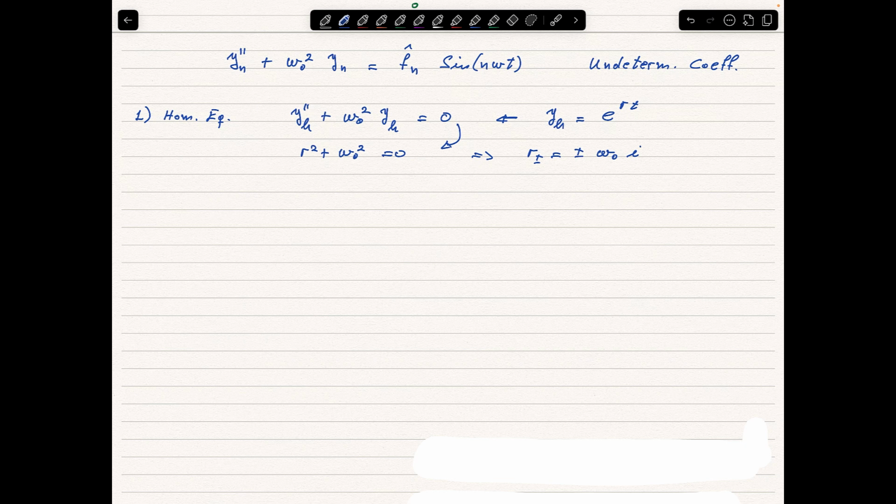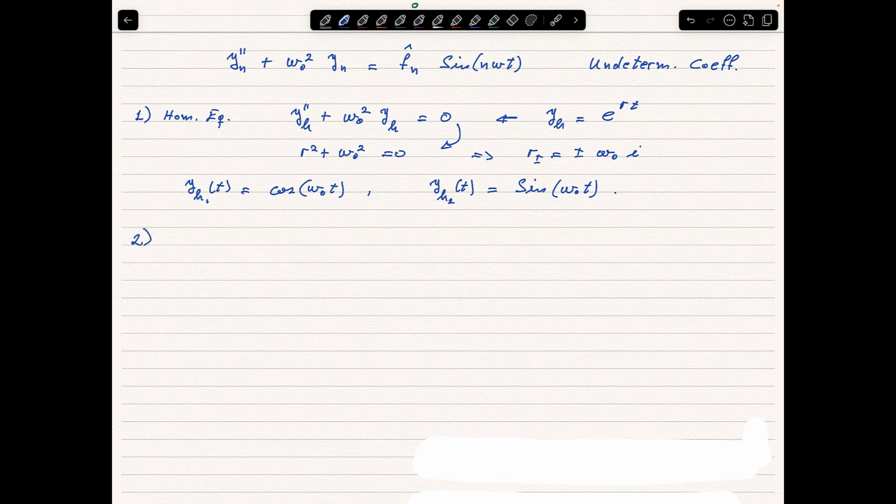And then we have two fundamental solutions. One fundamental solution is y homogeneous 1 of t, which is the cosine of the natural frequency times t, and the other is y homogeneous 2 as a function of time, which is nothing more than the sine of the natural frequency times t. So these are our solutions of the homogeneous problem.